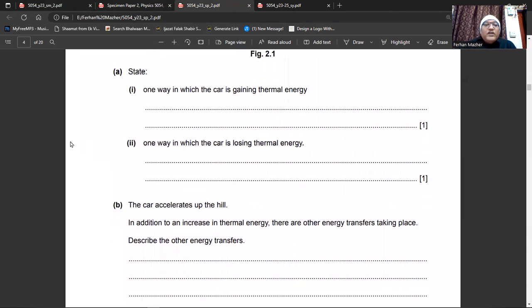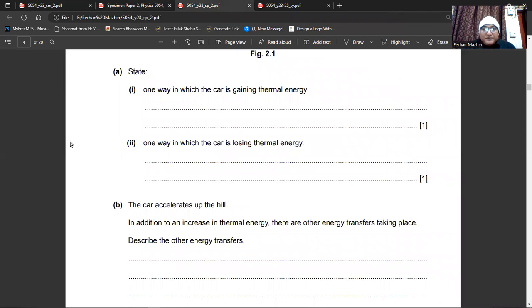Okay, so question number 2A, second part, one way in which the car is losing thermal energy. So the car is losing thermal energy. One way I can tell you is that the car has a radiator, and that radiator is used to take the heat from the engine of the car and dissipate it into the air.